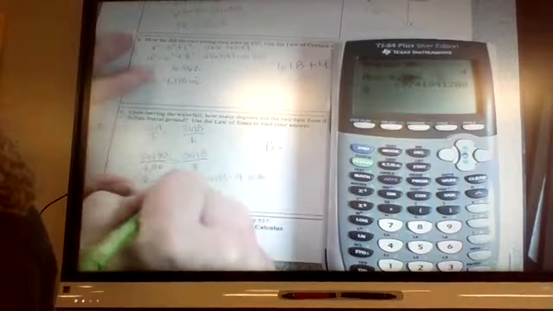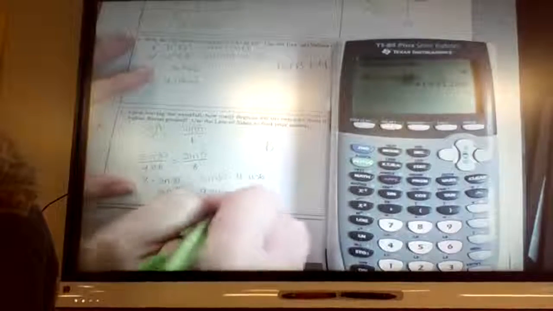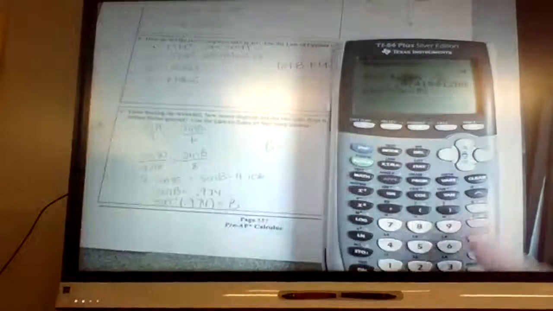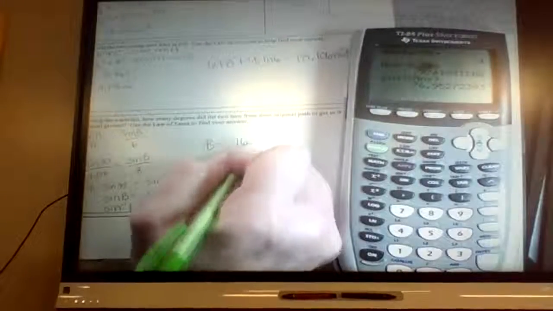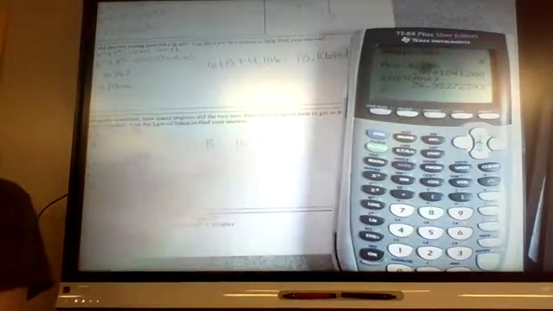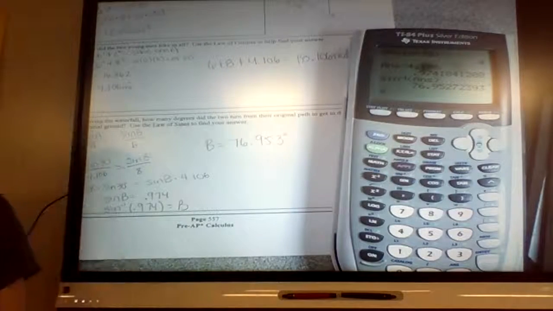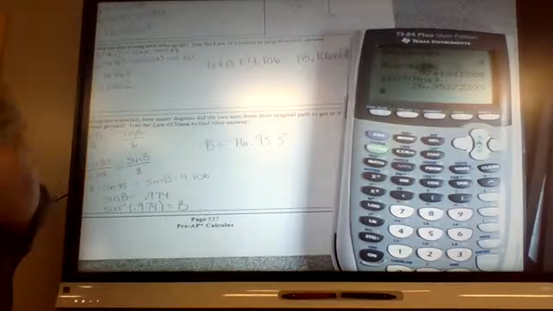So then I did the inverse sine of this 0.974, and that gave me B. So B is 76.953 degrees. Don't forget your degrees or you'll lose a point. Nobody has points to spare. At least I don't think you do. Some of you might. Who knows?